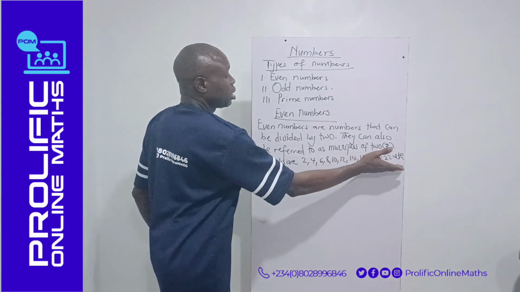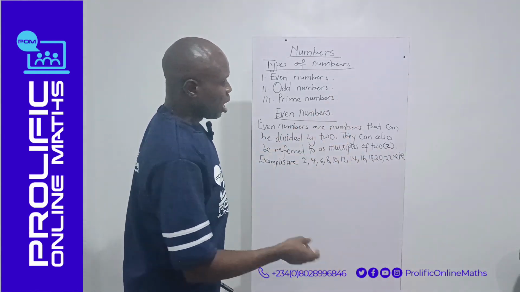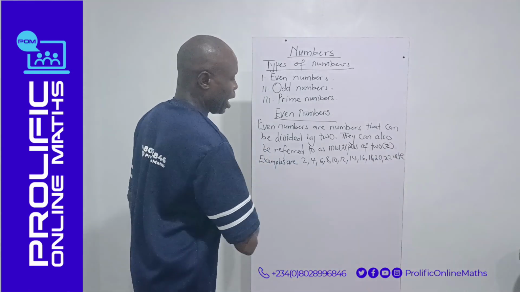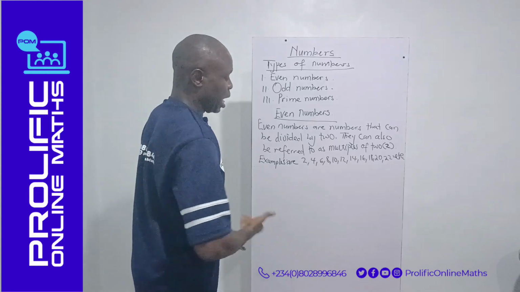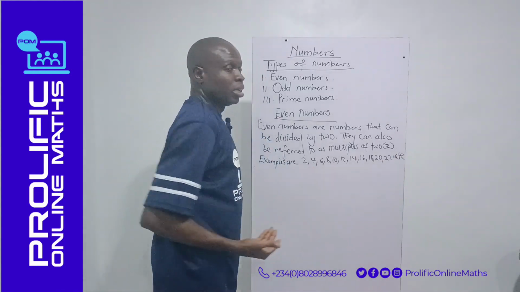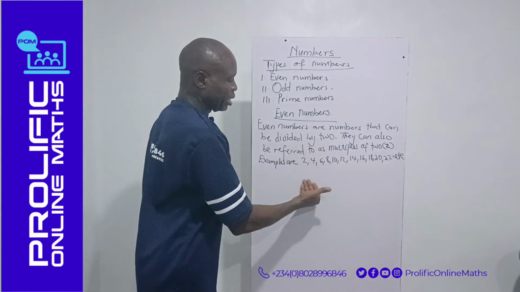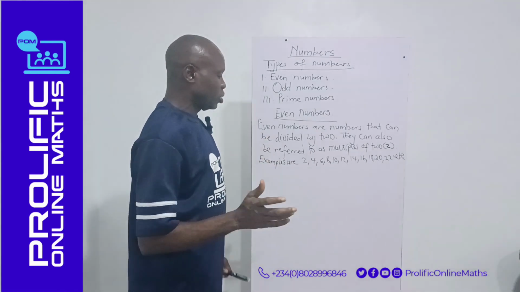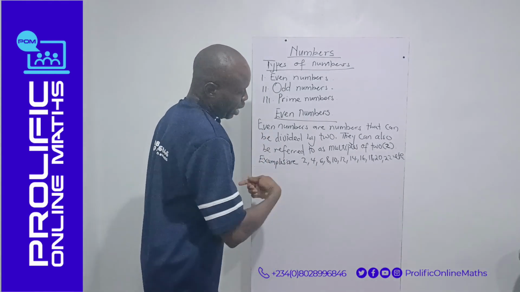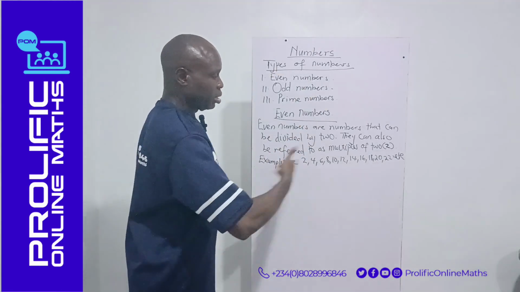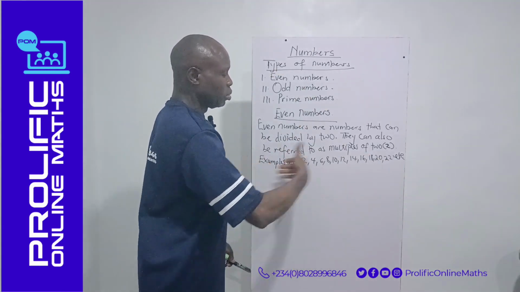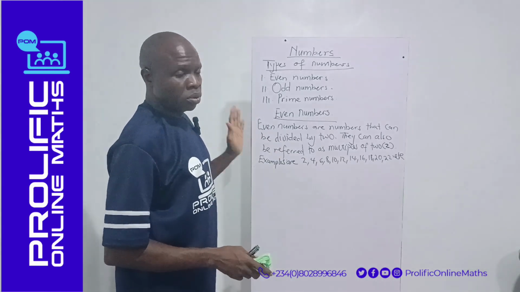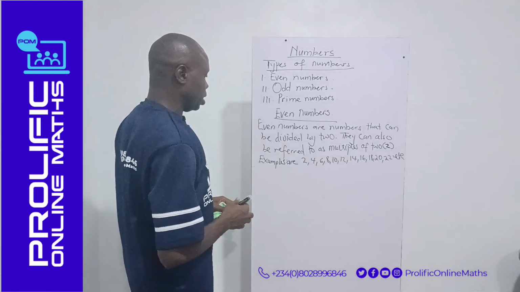All these numbers listed here and many more are all even numbers. So even numbers are just the numbers that 2 can divide, and as you can see, they are all multiples of 2. 2 can actually divide all these numbers effortlessly, without remainder. So any of these numbers and many other ones you can lay your hands on are all multiples of 2, and they are referred to as even numbers.